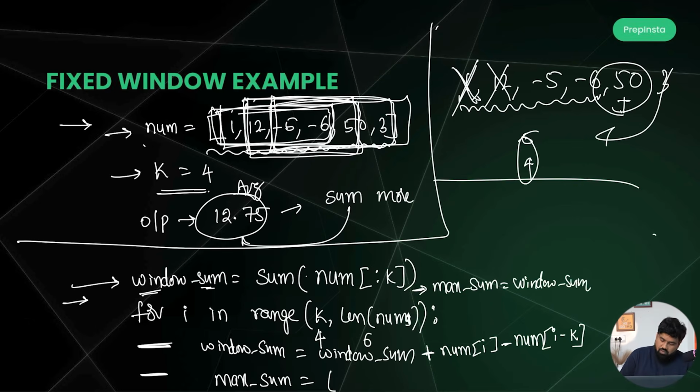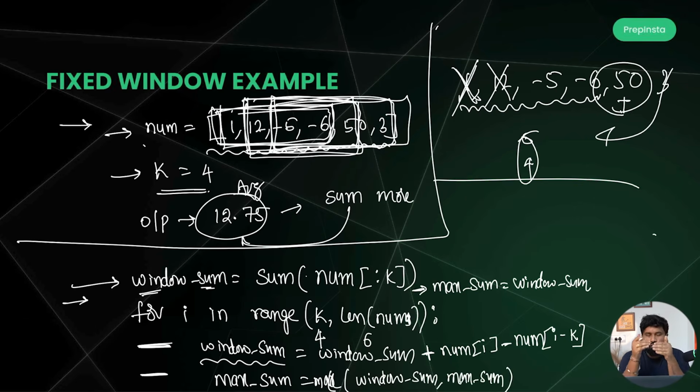Okay, so the first 4 elements sum is stored in max sum. Now whenever window sum is updated, I have to compare these two, and whatever is the maximum, I will always store in max sum. So max sum is equal to max of window sum comma max sum. If you complete these 4 to 5 lines of code, you will get the maximum sum.